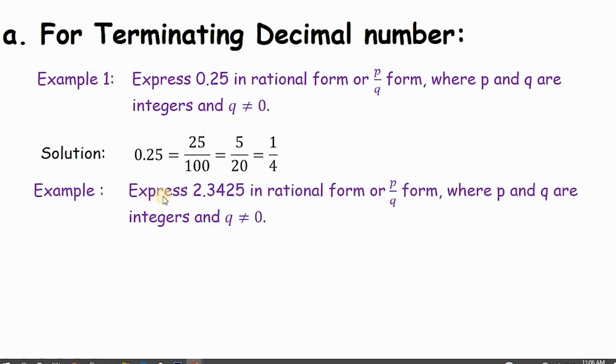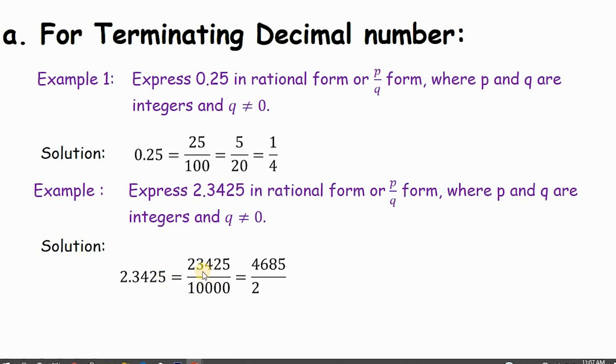Now we'll take a second example, that is to express 2.3425 in rational form or p by q form where p and q are integers and q not equal to 0. We'll write the solution. We take down the number 2.3425 and it can be written as 23425 by 10,000. Since here we are moving the point 1, 2, 3, 4 places towards the right, we add 4 zeros in the denominator.